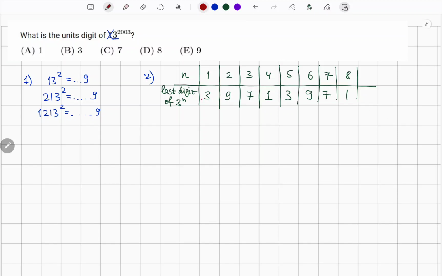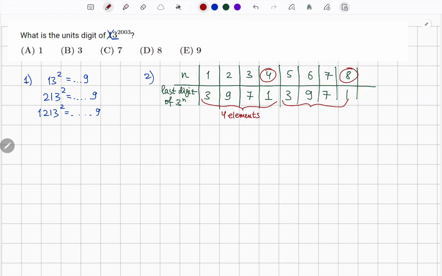Look, this is what I'm interested in, a pattern. It's a period or cycle. You can call it differently, but I usually call it period. So 3, 9, 7, 1. It repeats again and again. There are 4 elements in a period. Now I'm interested in order numbers of the sequence that are divisible by 4.